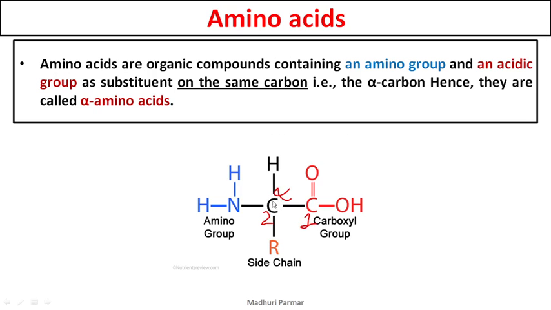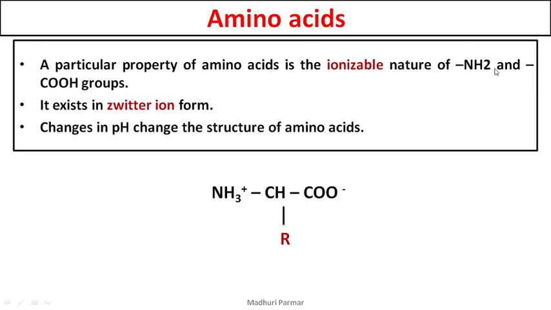This carbon here always has one hydrogen attached to it. And on the other side you have the R group, a side chain. That side chain keeps on changing, and with the changing side chain you have different types of amino acids. We shall see that later in this chapter, right?